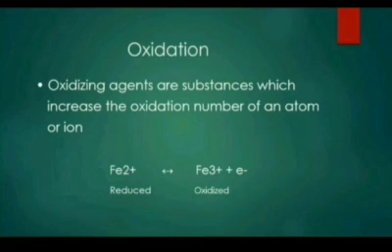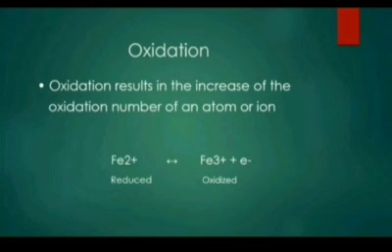Oxidizing agents are substances which increase the oxidation number of an atom or ion. So the reducing agent will be oxidized and vice versa. What is an oxidizing agent? The oxidizing agent is the species that oxidizes a substance by taking electrons from it.